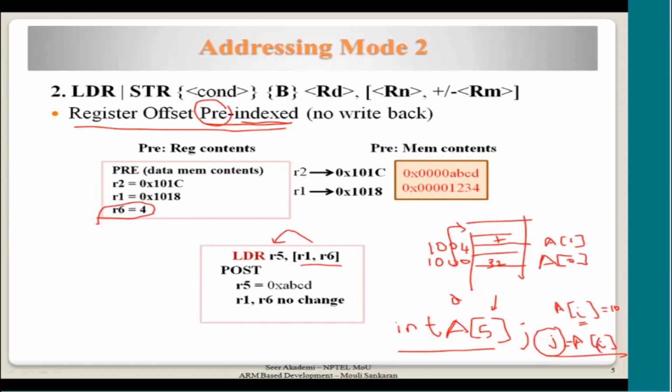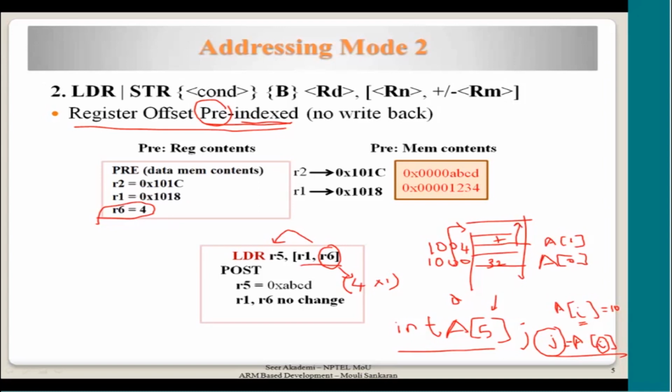And then it will use this to access the array. So it can use this instruction by keeping a 4 here, because it has to advance by 4 bytes. Whenever you say I of 1, that 1 will be multiplied into 4. It will put that value so that it can use this instruction to access any element of the array.